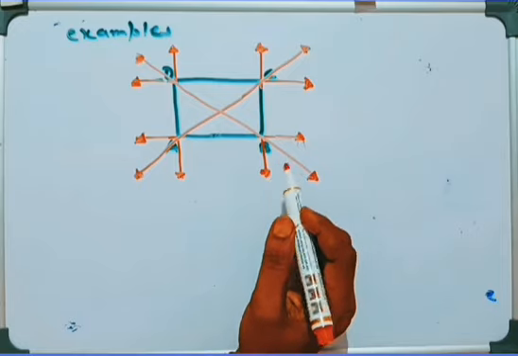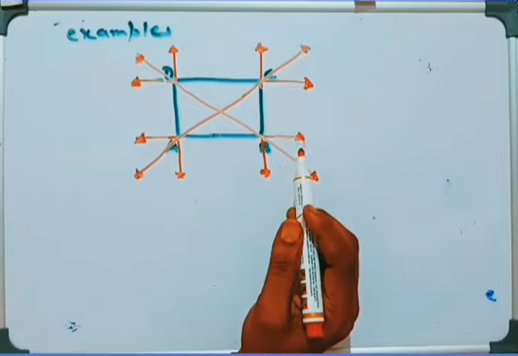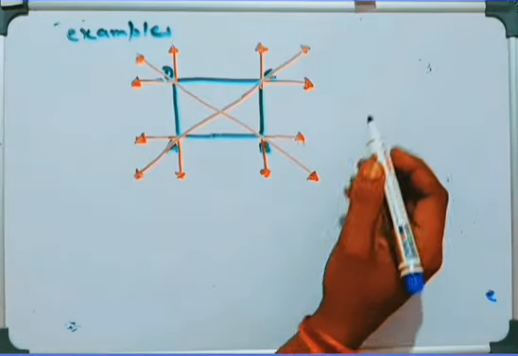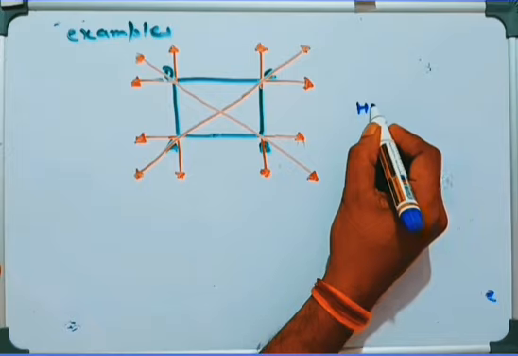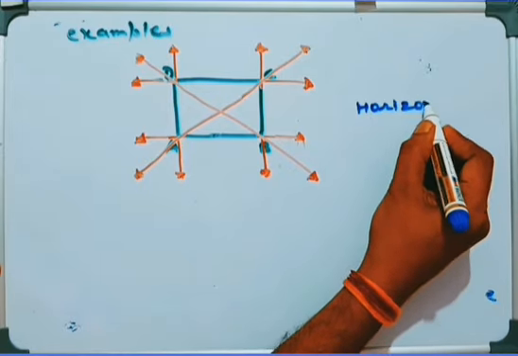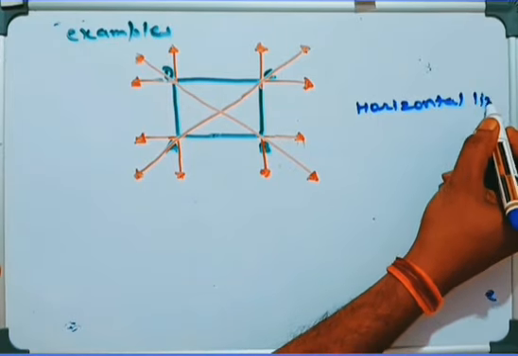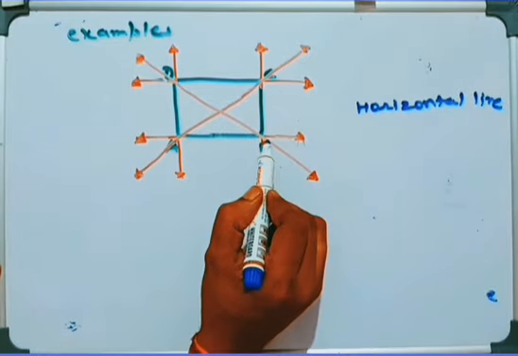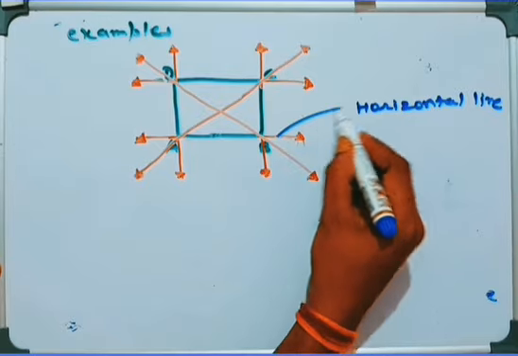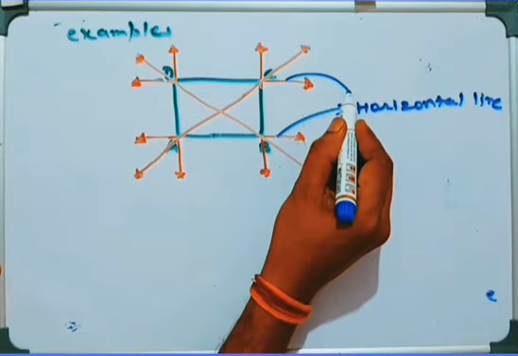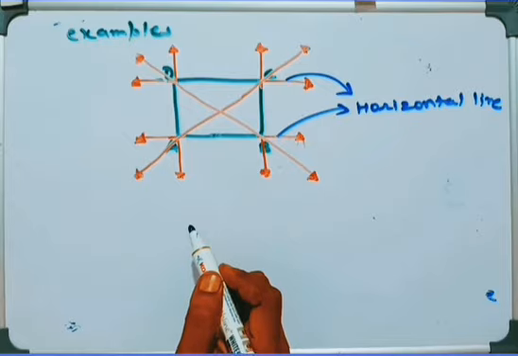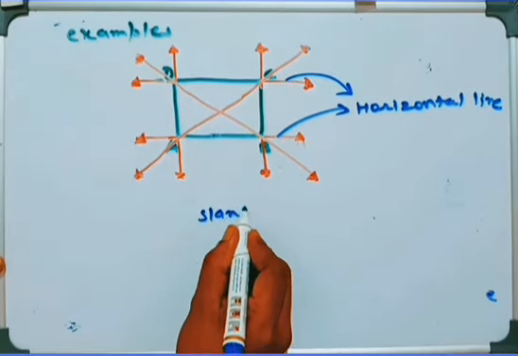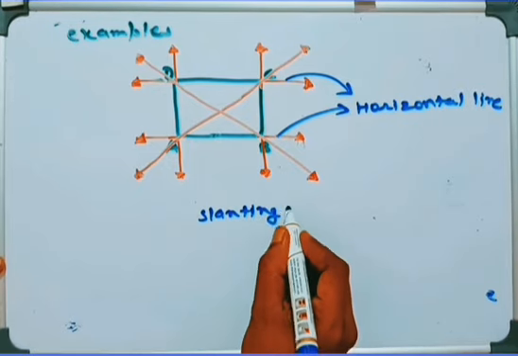Now guys, which one is a horizontal line? See here, horizontal lines. So line DC and line AB are horizontal lines. Now next, which one is our slanting line?